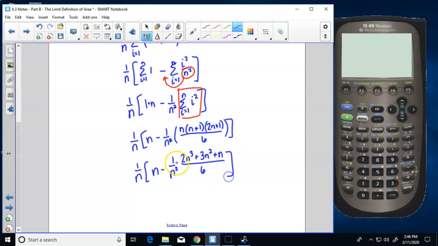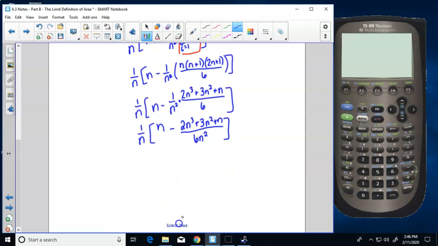So that would be 1 over n times n minus 2n to the third plus 3n squared plus n over 6n squared. And let's get common denominators here. Oh no, you have to do 6.